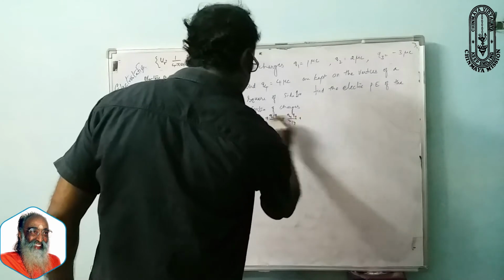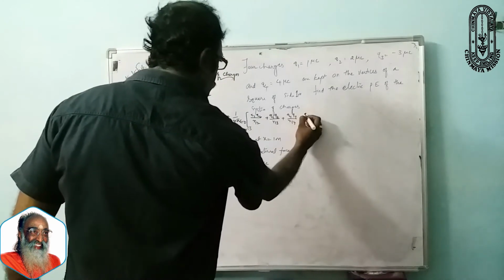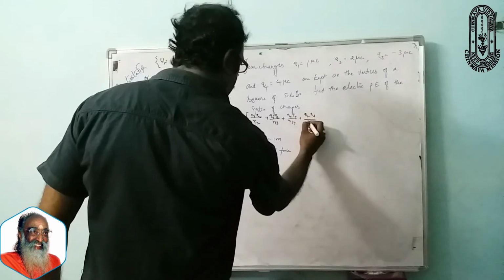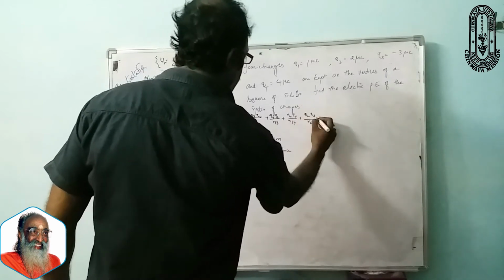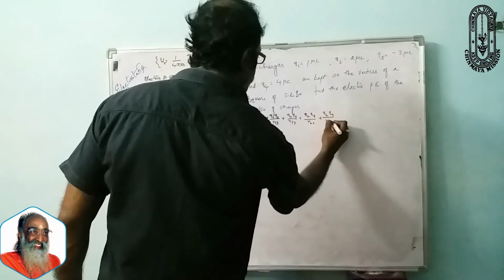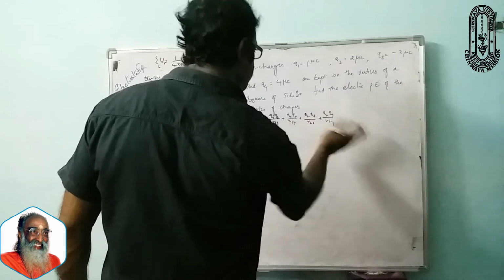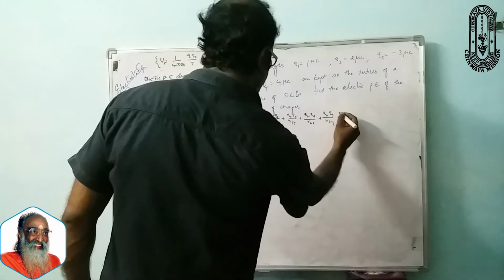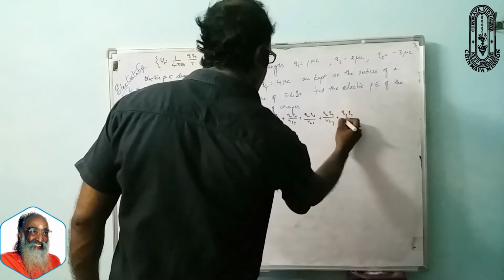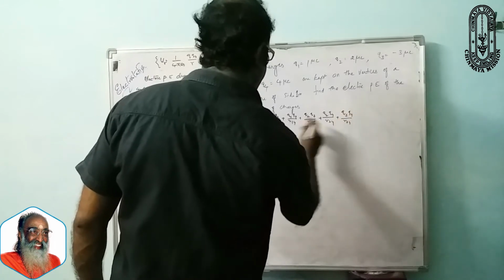We have finished with Q1, now coming to Q2. Q2 Q3 by R23, Q2 Q4 by R24. Now we have finished with Q2, and coming to Q3, Q3 Q4 by R34.